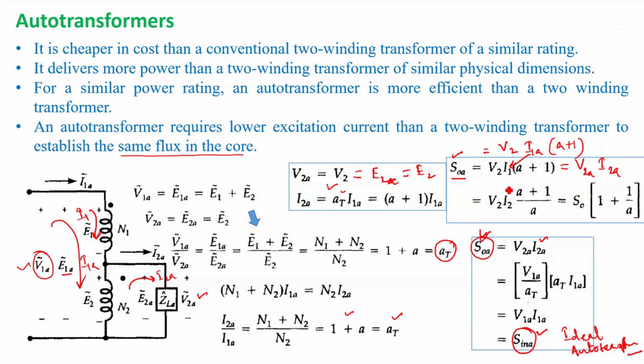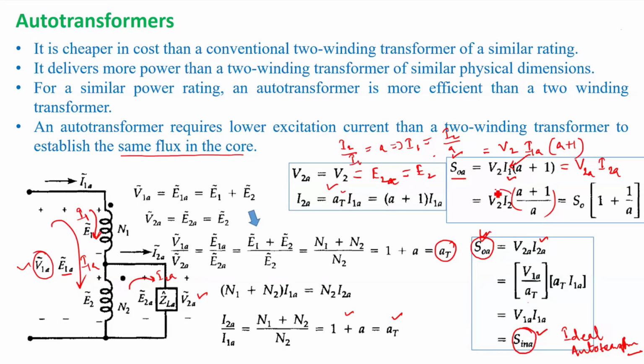Okay. Now I1 I know. So I1 is nothing but equal to I2 by A, because I know the relationship in the two winding transformer, I2 by I1 is equal to A. So therefore your I1 is nothing but equal to I2 by A. So in place of I1 I can substitute I2 by A. So therefore your relationship became V2 I2 into (A plus 1) by A. Okay.